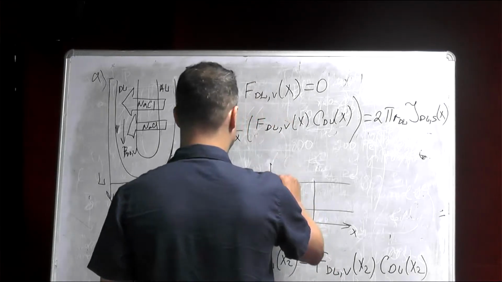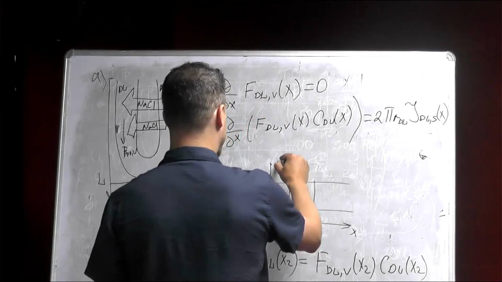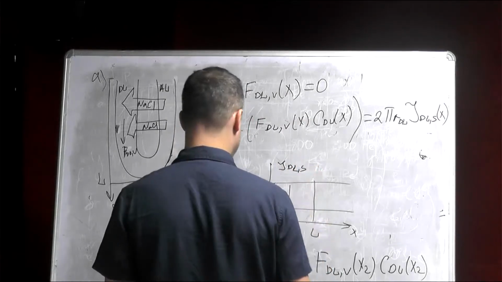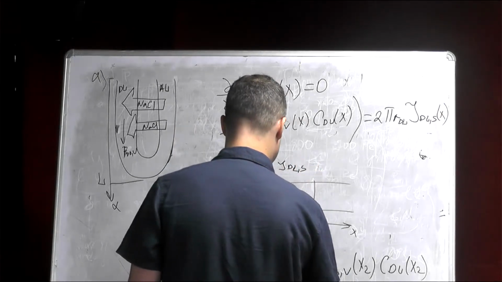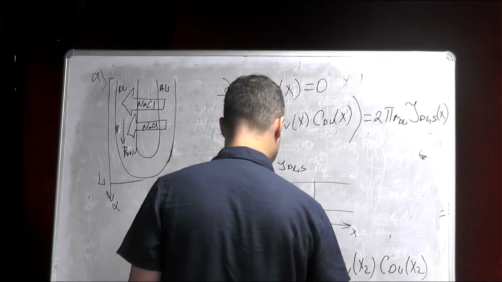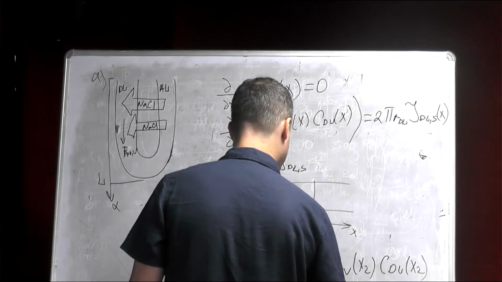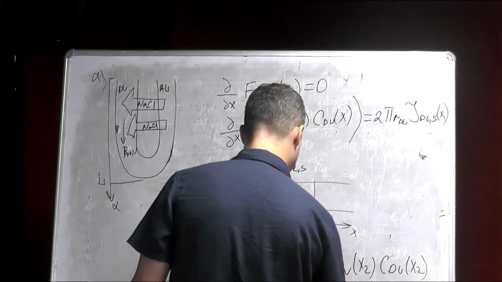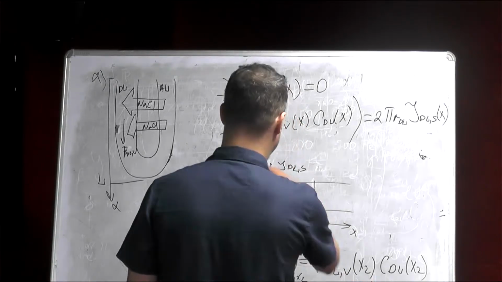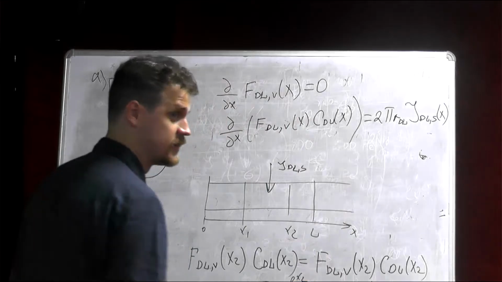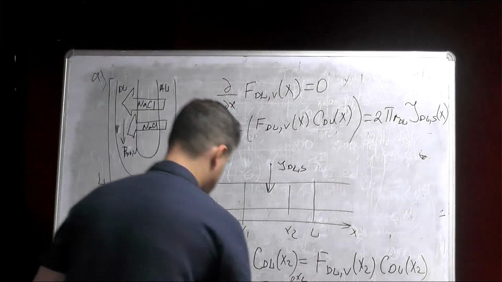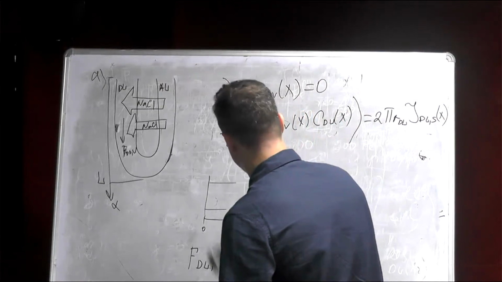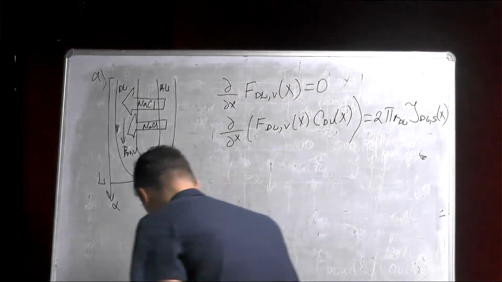And if we assume that there is a flux of the solute across the membrane, then of course we have to take into consideration this flux as well. And basically this is how we acquire this particular equation. So this is our first assumption.